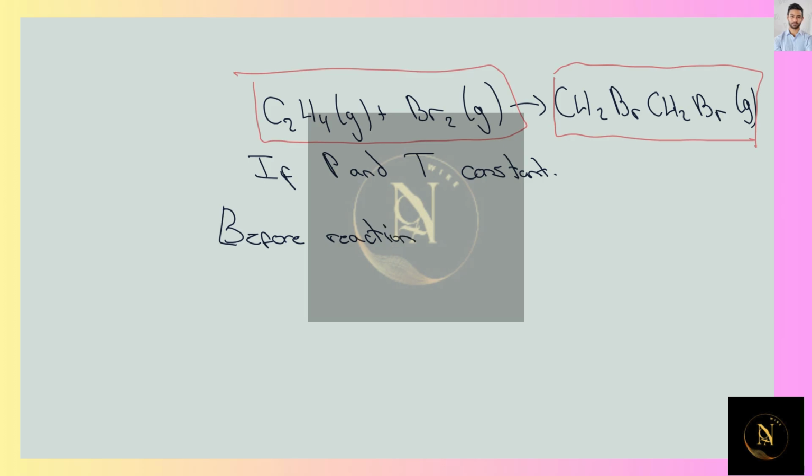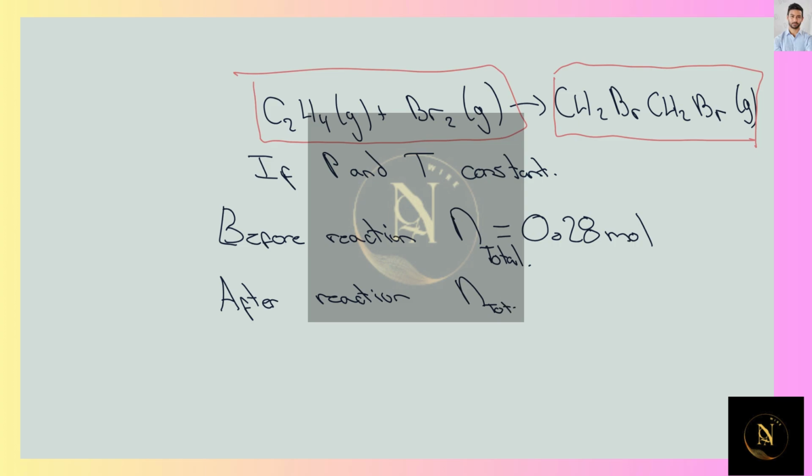The total amount of moles of gas that we're going to have is the sum of the moles of C2H4 and Br2, which is going to be 0.28 mole total. And after the reaction, the amount of moles that we're going to have is equal to the amount of any of the gases that we had at the beginning, which is 0.14 mole.